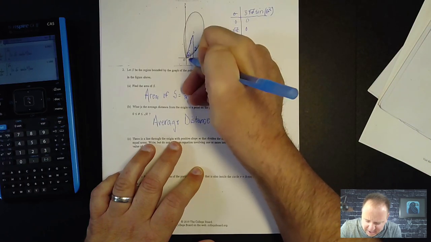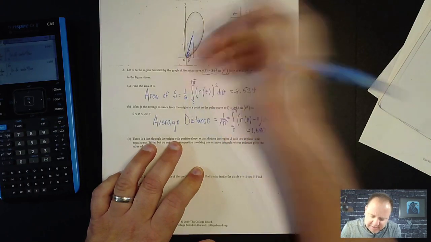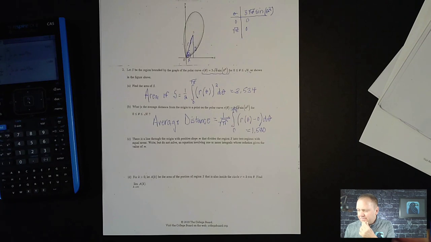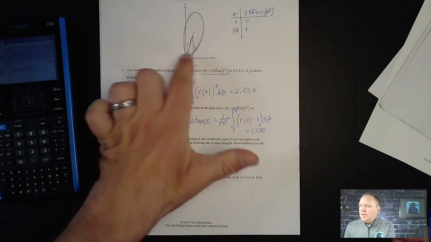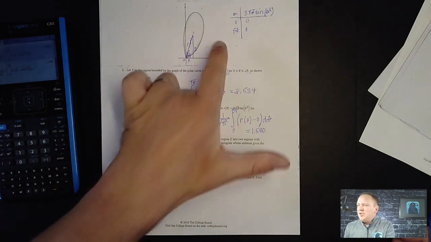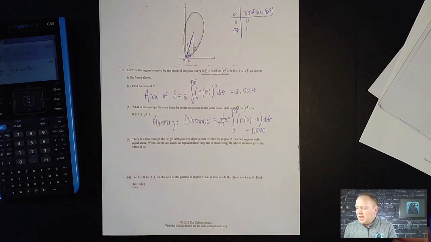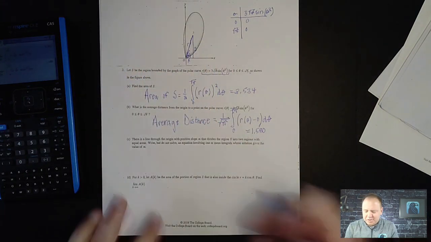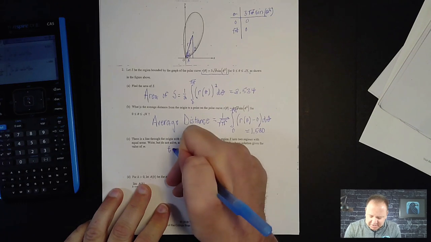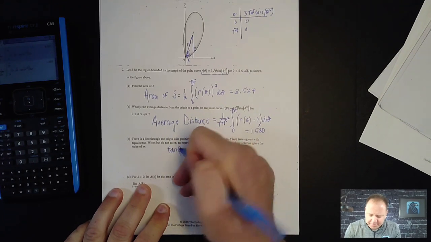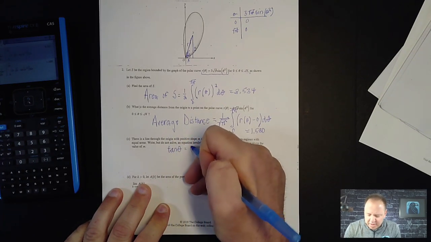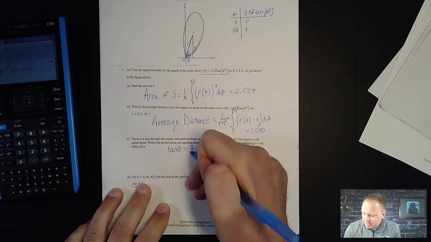This is my x component. And this is my r. So my slope would be y over x. My tangent of theta would equal that y divided by my x.